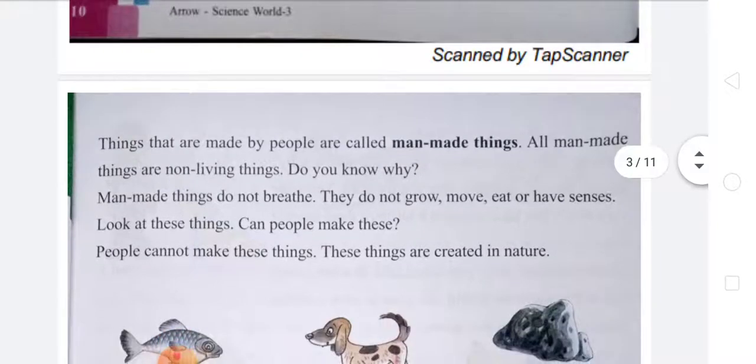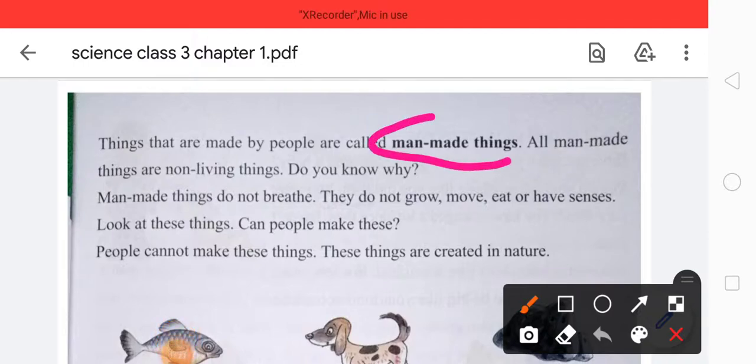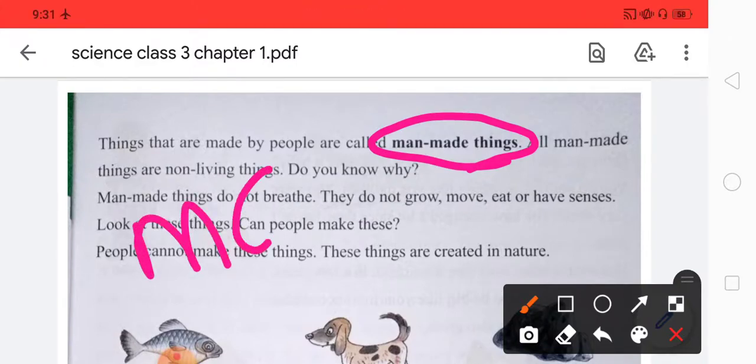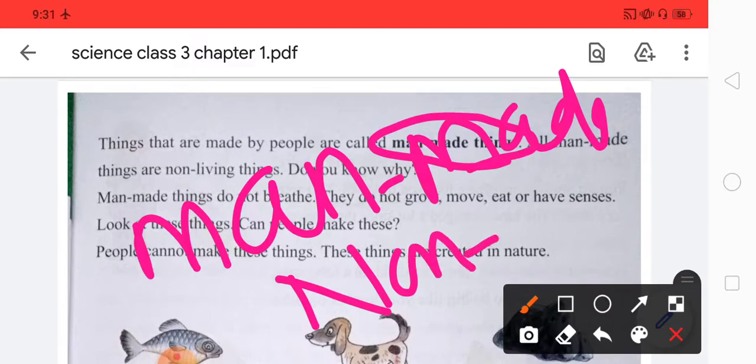The things that are made by human beings are known as man-made things. All man-made things are non-living things. So if we say all man-made things are non-living, you have to learn it.